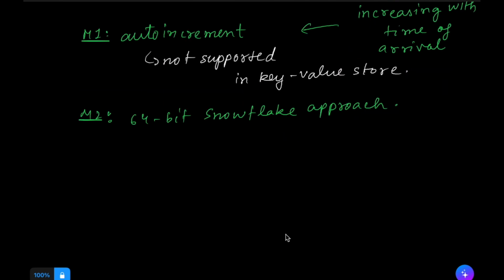Another option, which is actually used in real world scenarios, is the local sequence number generator.